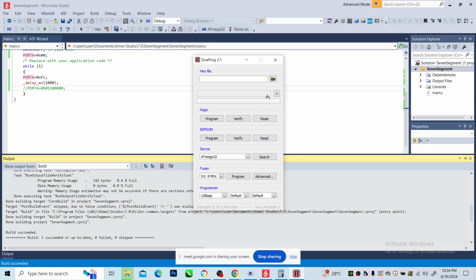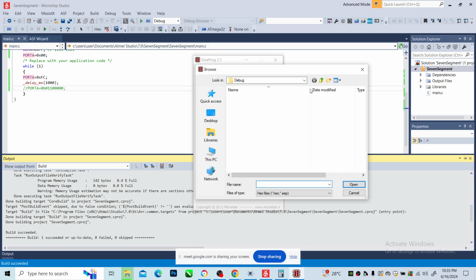So then I want to program the flash memory now. Then I'll open this, so I know where it is. This time around, I can just go back.